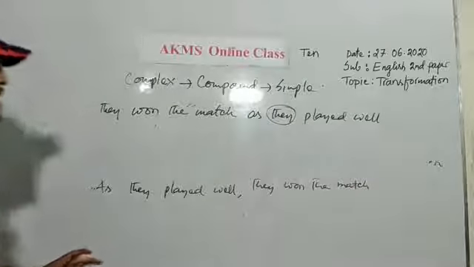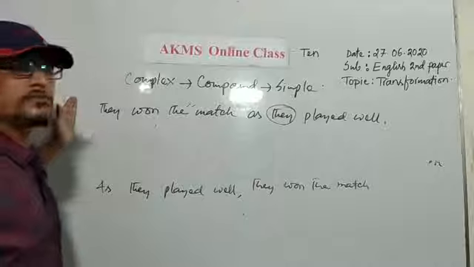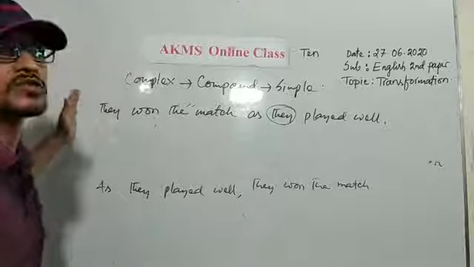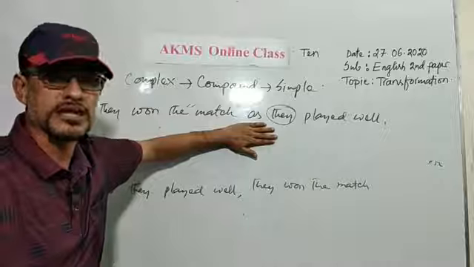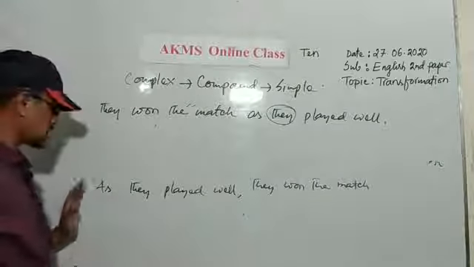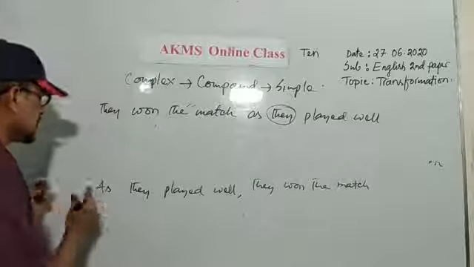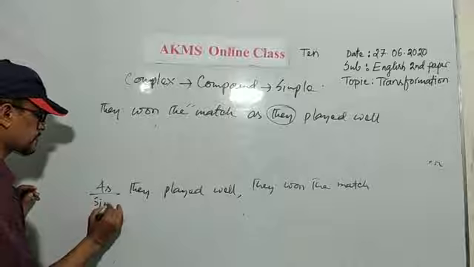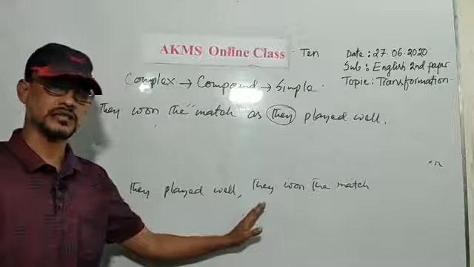Dears, I have written two sentences. In the first sentence, I have used the conjunction or connector in the middle of the sentence. But in the second sentence, I have used the connector at the very beginning of the sentence. There may be such cases also. And you have noticed both the subjects are the same.